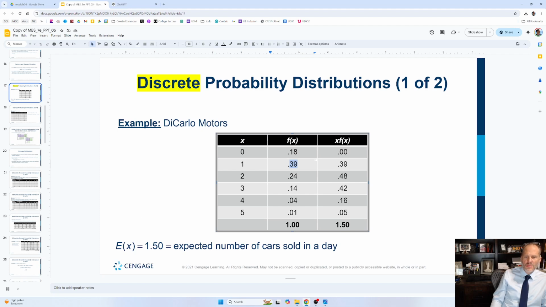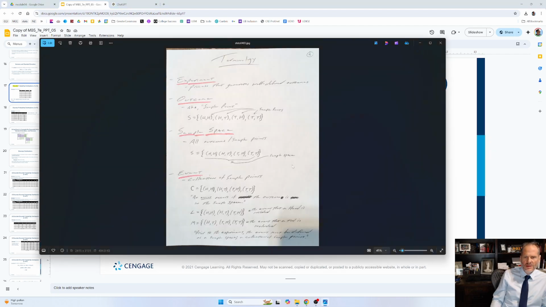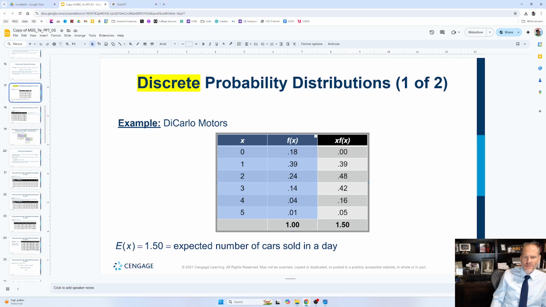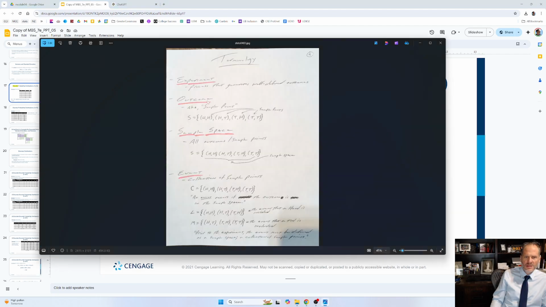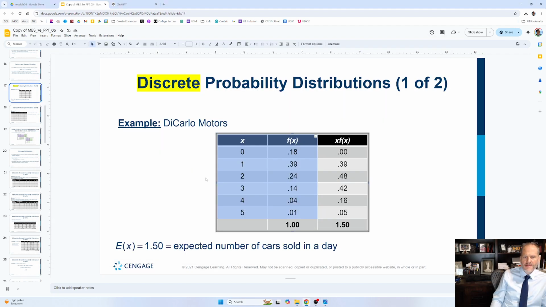And all those probabilities have to add up to 1, because this right here is our sample space. These are all the sample points, all the possible outcomes that can occur. We look each day to see what the outcome is, and the probability of that outcome is listed over there, based upon empirical data in this case.